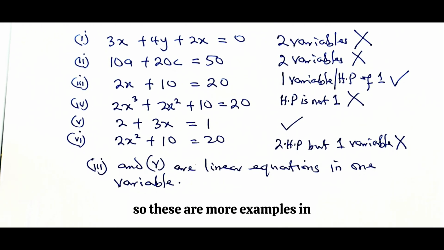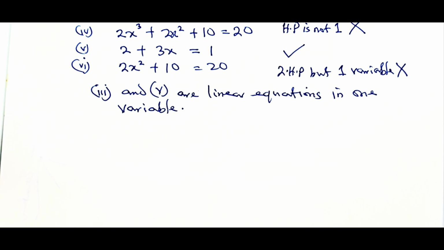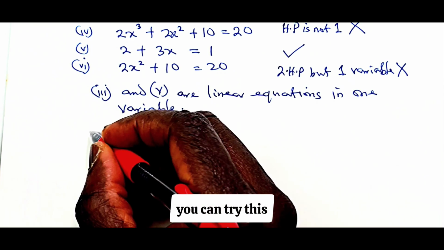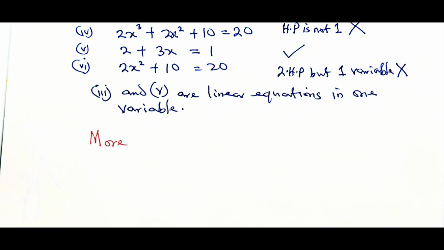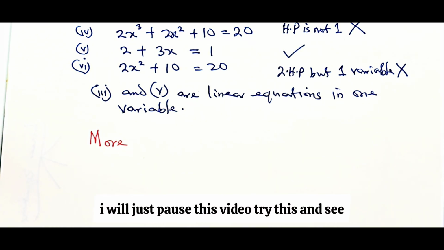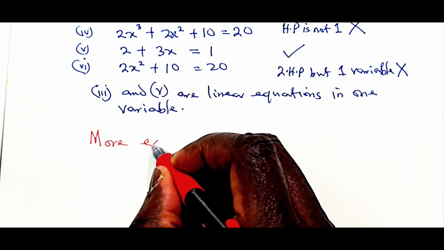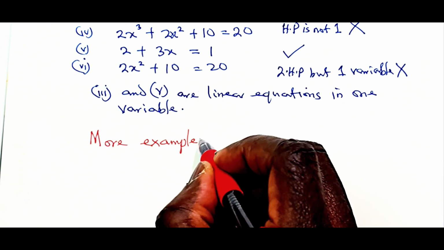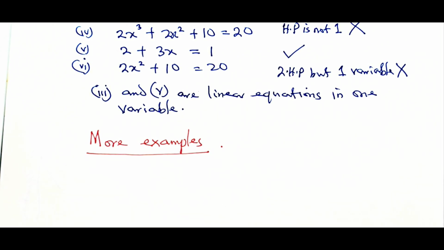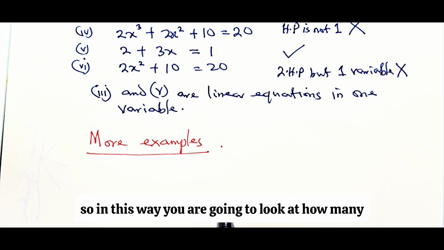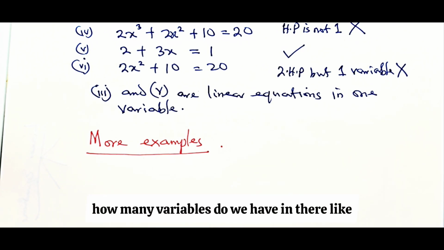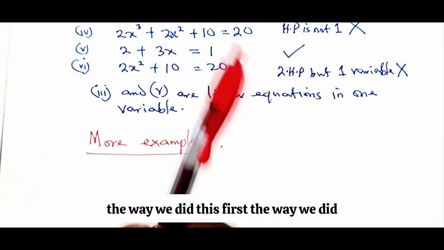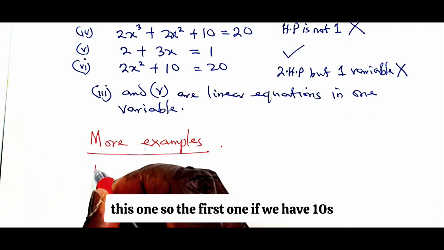So these are more examples which you can try. What I will do is pause this video, try this and see if you will be able to get it. In this way, you are going to look at the highest power of the variable and how many variables we have in there, the way we did with the first one.